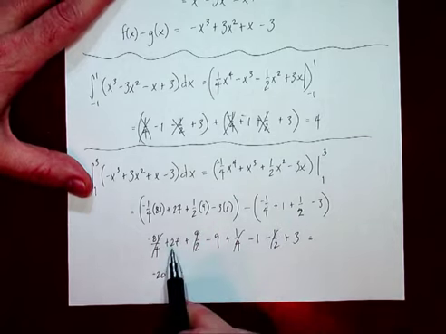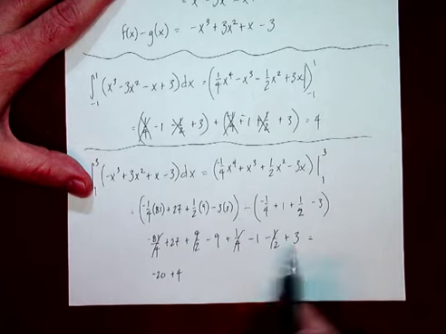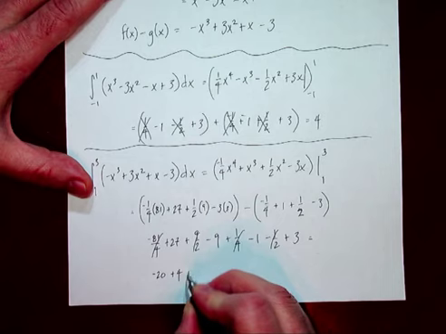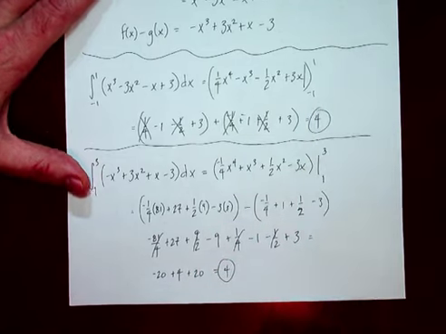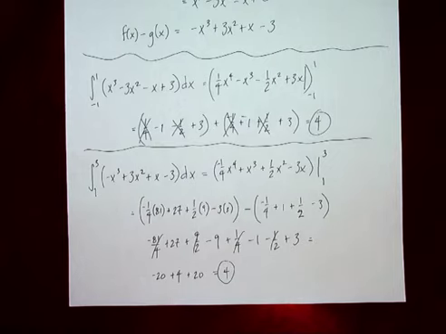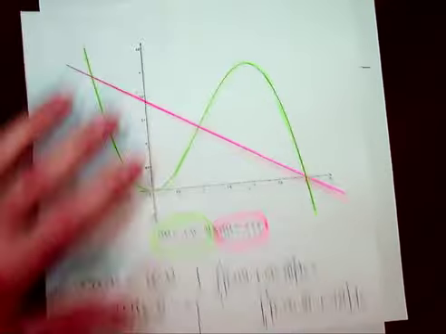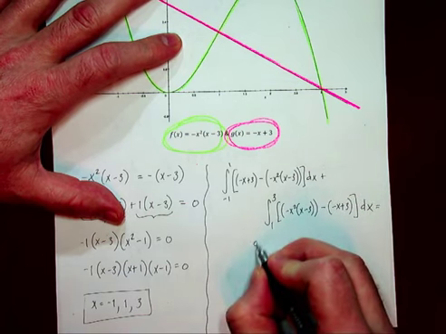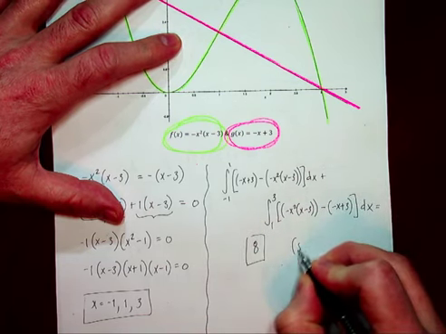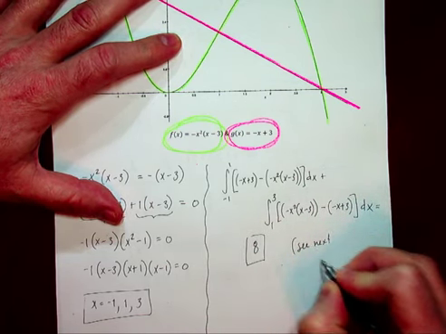And then 27 plus 3 is 30, minus 9 minus 1, so minus 10. So 30 minus 10 is, of course, 20, and this one is also 4. So the total area for part A is going to be 8, okay? So basically, this right here winds up being 8. And you go, see next page, right?